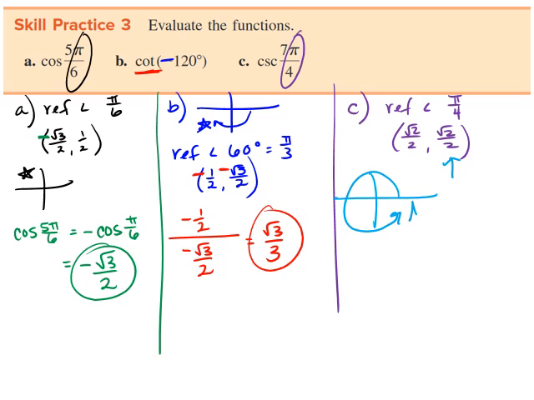So it's just shy of that. So we end up in quadrant 4. In quadrant 4, sine is negative. So we want the reciprocal of negative root 2 over 2, which is this. When we rationalize, we end up with negative square root of 2 for the answer here.